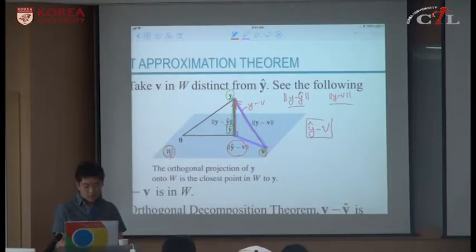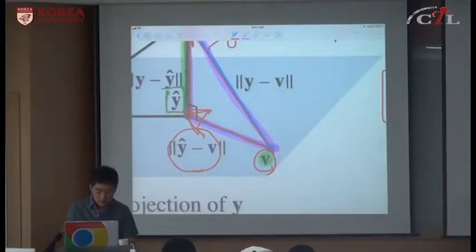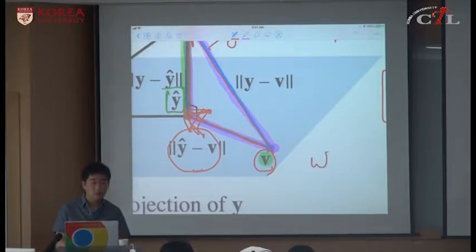We can notice that this vector still belongs to our subspace W. Why? Because it is just a linear combination of these two: y hat belongs to W, and v also belongs to W, so their linear combination still belongs to W.